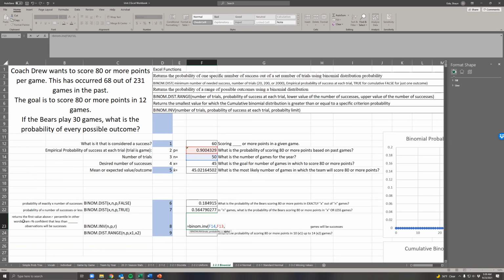So notice right here, it says returns the first value above R percentile. In other words, I am R% confident that less than blank observations will be successful. So we're going to put 95% or 0.95. Okay. And what we're going to say is I am 95% confident that less than 48 games will be successful.